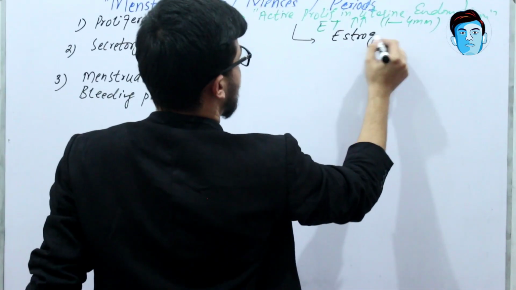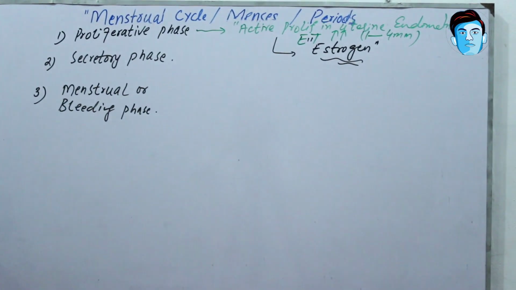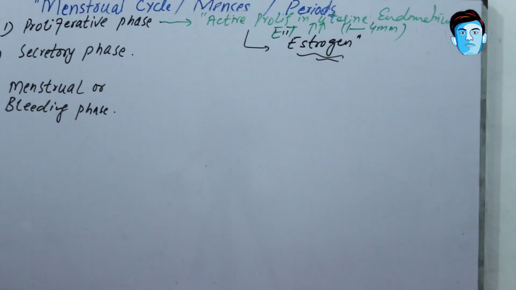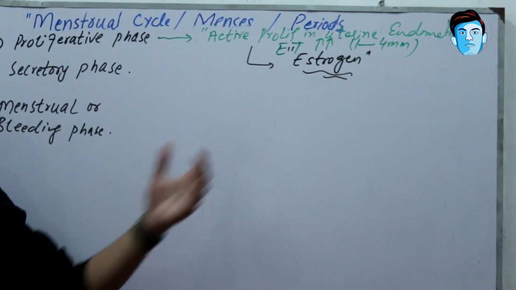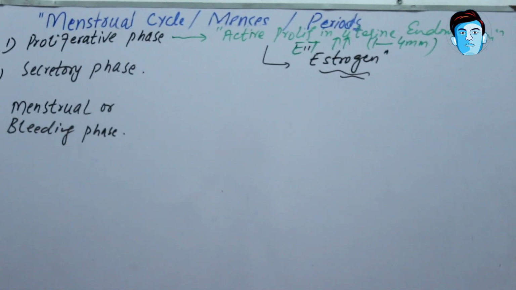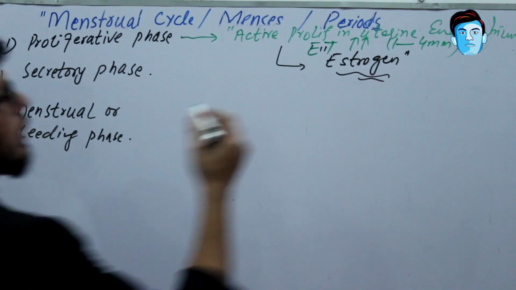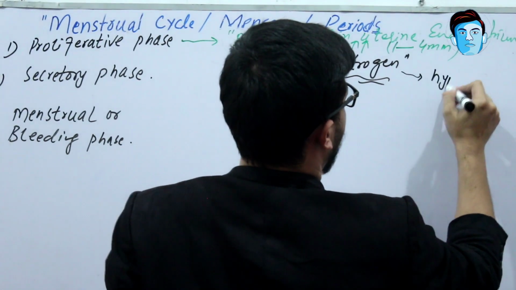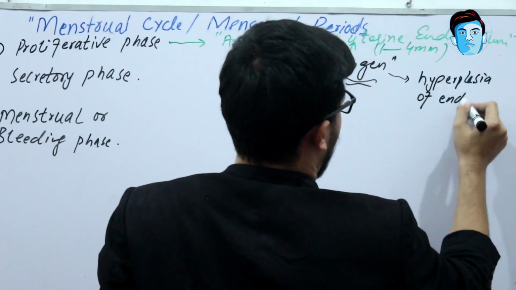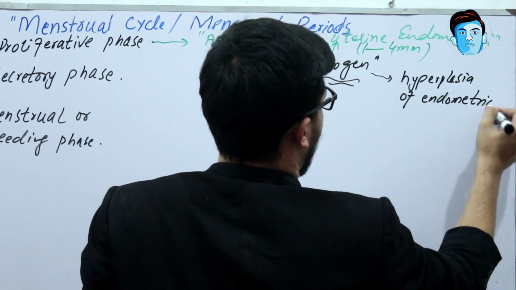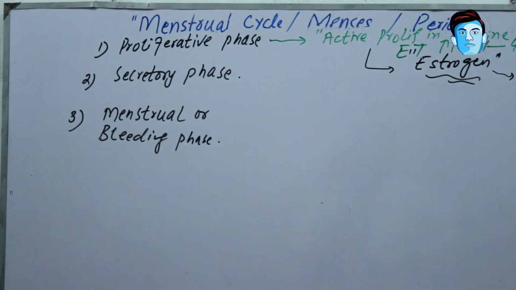Under the influence of the estrogen, there is hyperplasia of endometrial cells, and ultimately it causes the proliferation.